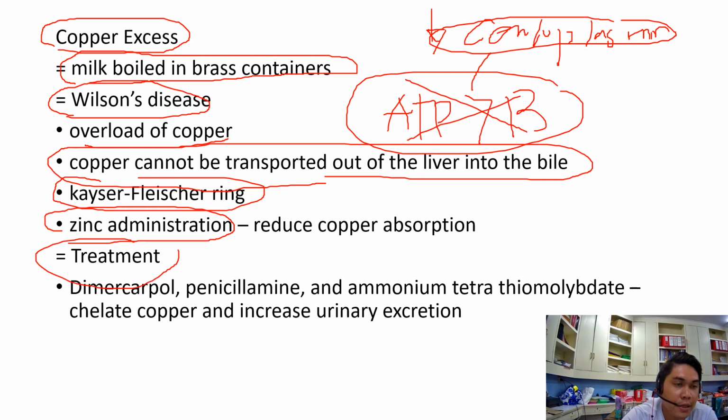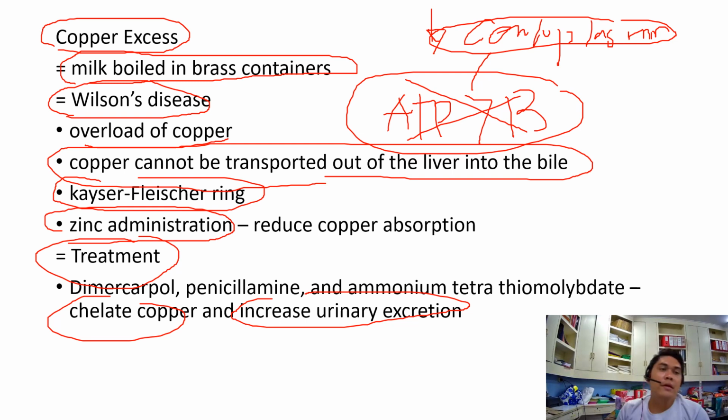So treatment: dimercaprol, penicillamine, and ammonium tetrathiomolybdate. These substances chelate copper and increase urinary excretion of copper. So remember, Wilson's is an ATP7B gene mutation.